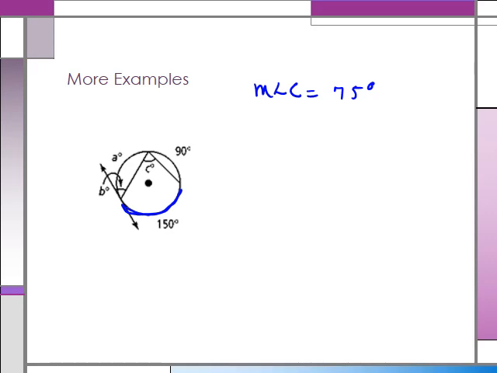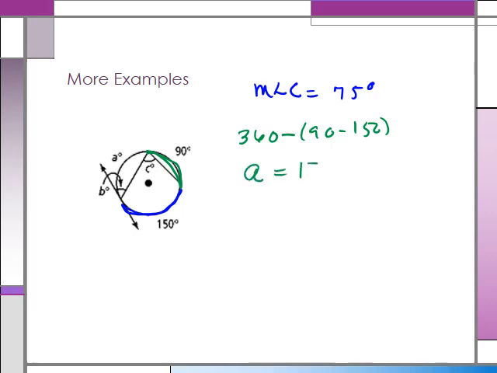I know that this arc right here is 90 degrees, and remember that the total degrees around a circle is 360. So 360 minus 90 minus 150 will give me the measure of that arc. So it'll give me angle A, or arc A. So 360 minus 240 is 120.